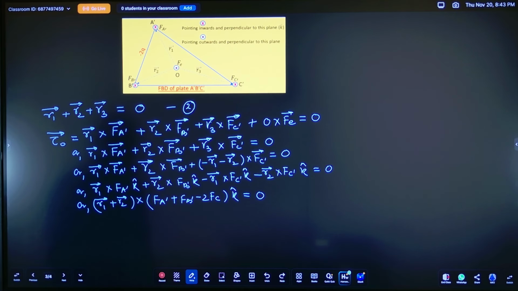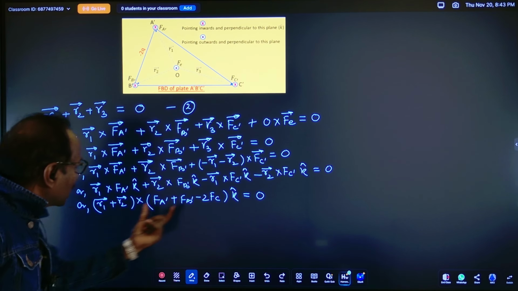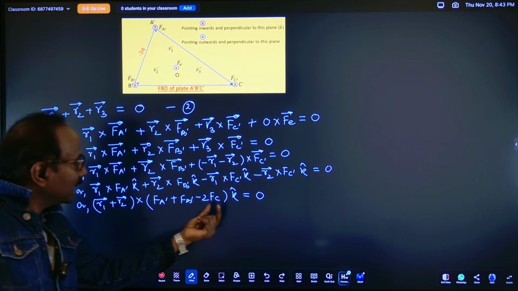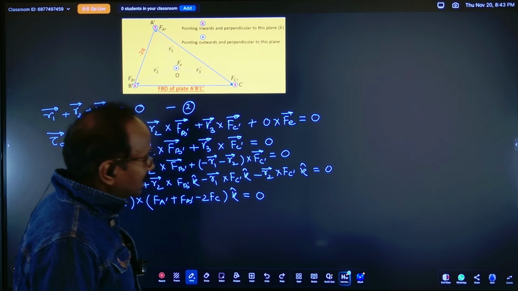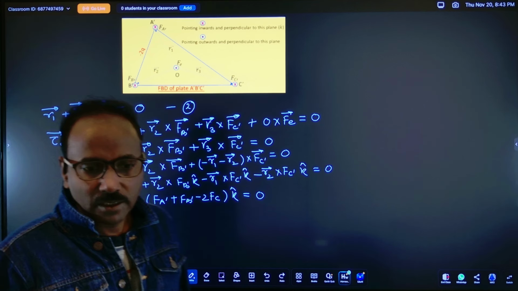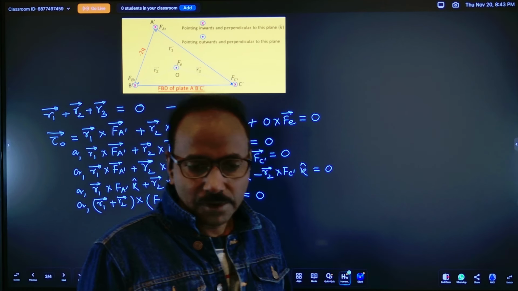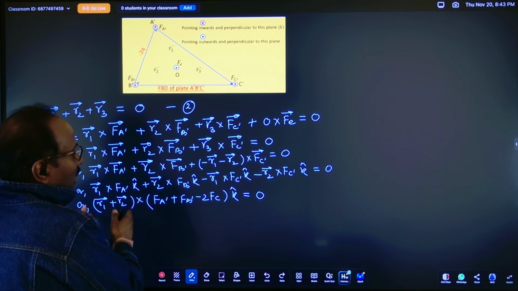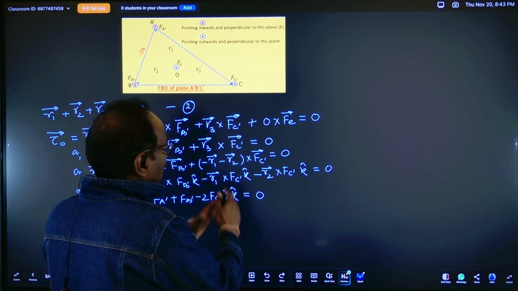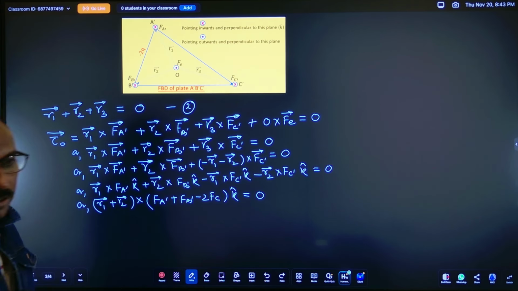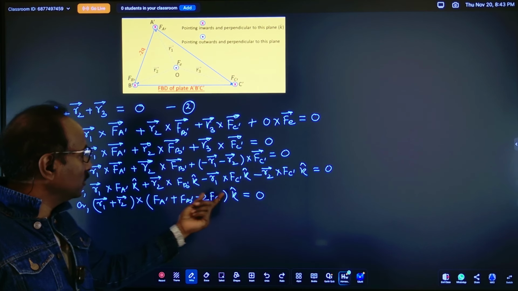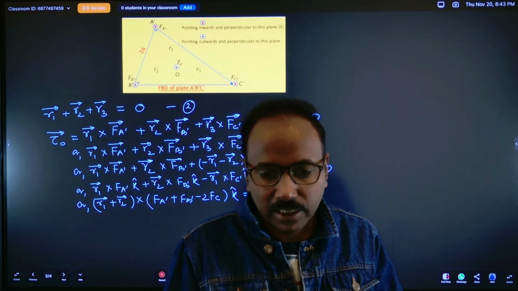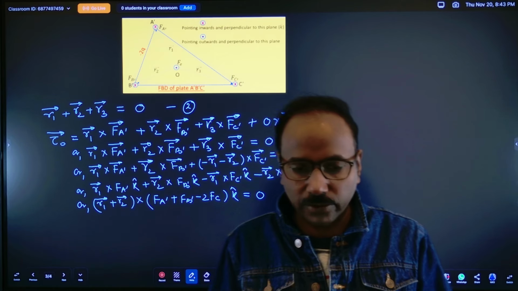So in the vector cross product, the angle between this vector and k cap vector is 90 degrees. It will be magnitude of this into magnitude of this times sine 90 degrees. So from the vector product it is not going to be 0.